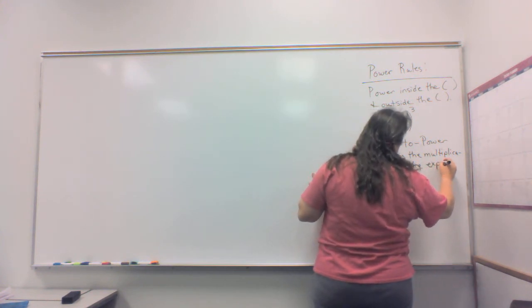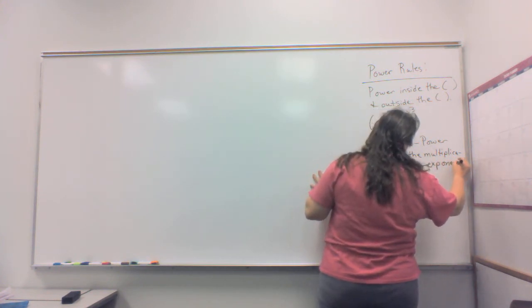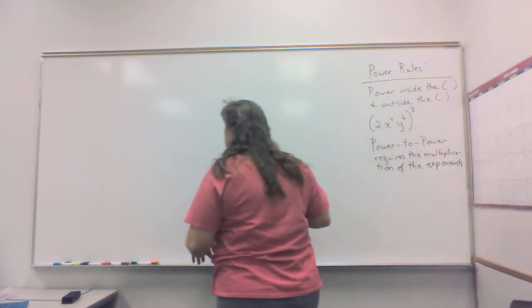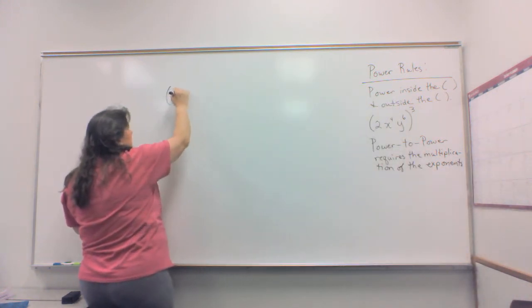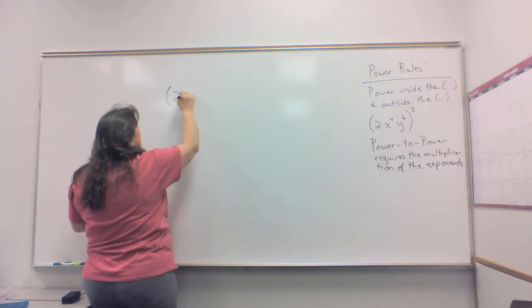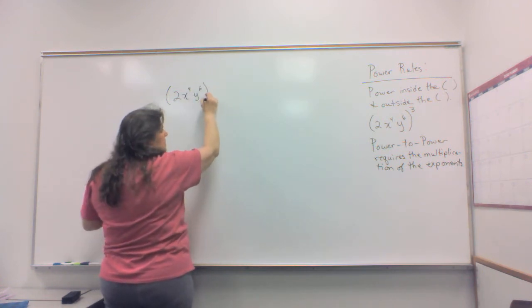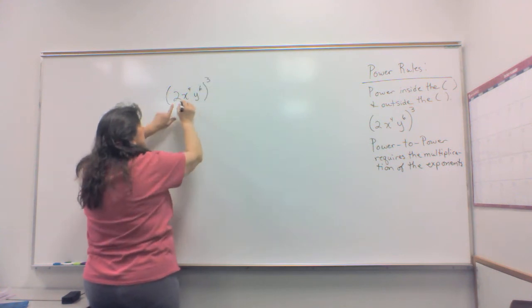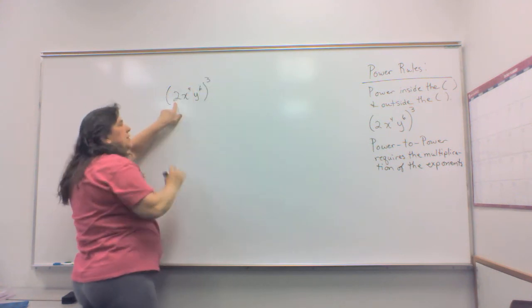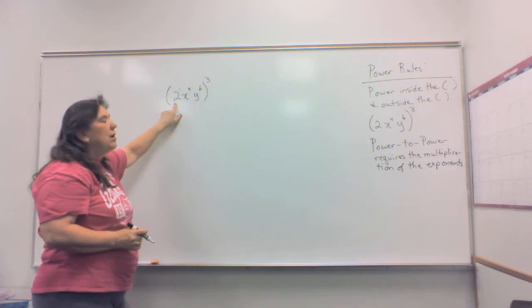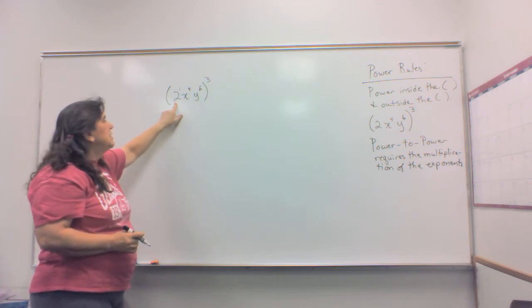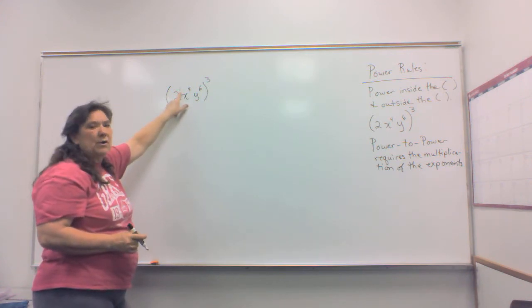Okay, so let's look at this one. This example that I just gave you has 2x to the 4th, y to the 6th, to the 3rd power. This means the power I do not have listed is the power on the number 2. So I have 2 to the 1st power.